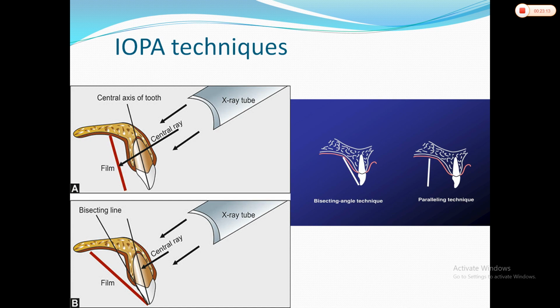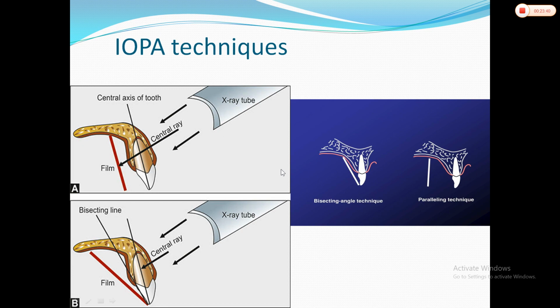Next one, this slide is showing the difference between the bisecting angle technique and the paralleling technique. In paralleling technique, the X-ray film and long axis of teeth are parallel and X-rays are projected perpendicular to both the film and the long axis of the tooth.